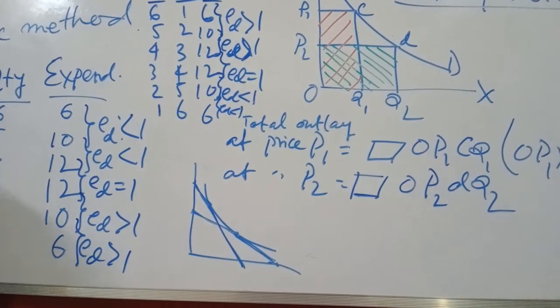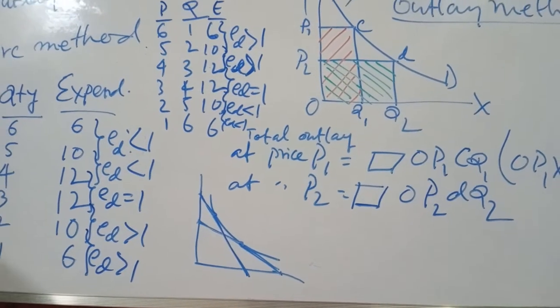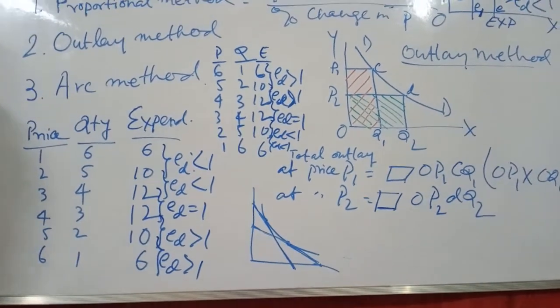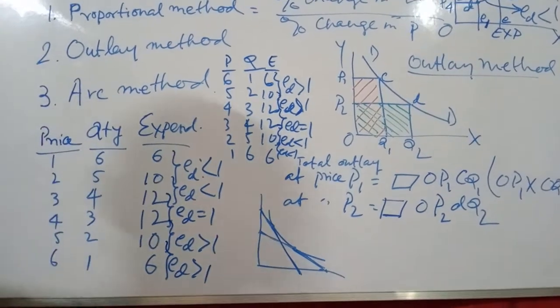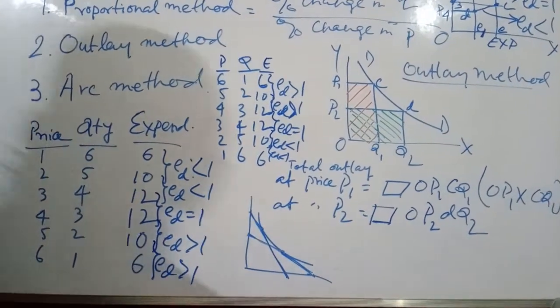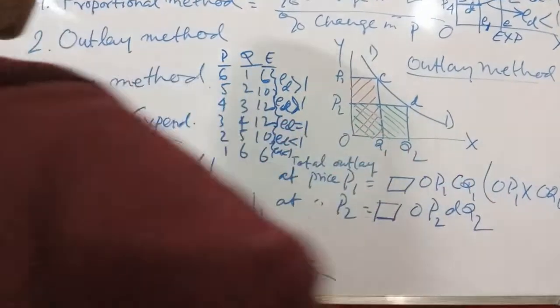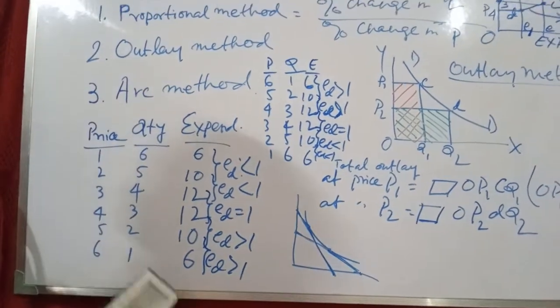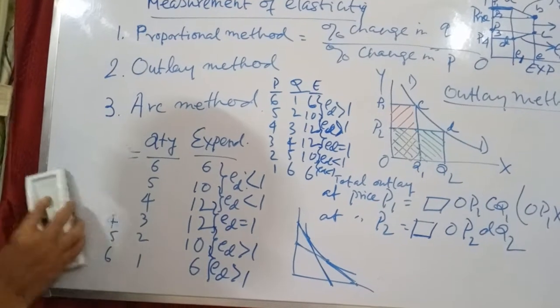Now it may so happen that in a curvilinear demand curve, elasticity at all the points are same. If we draw a rectangular hyperbola, I am erasing this part because I am facing lack of space, so I am erasing this part.